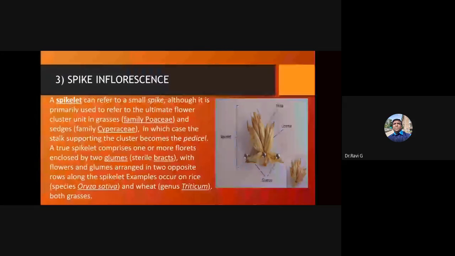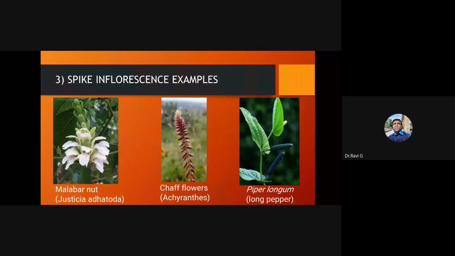Examples occur in rice, species Oryza sativa, and wheat, genus Triticum, both grasses. The structure of spikelet is shown. A few examples are Malabar nut, chaff flower, and Piper longum.